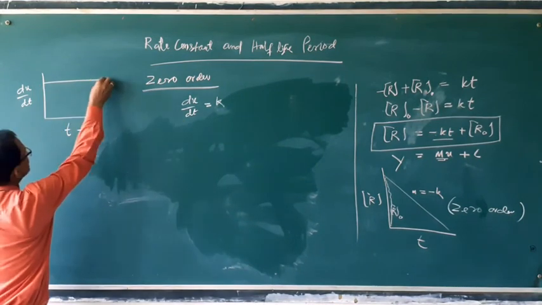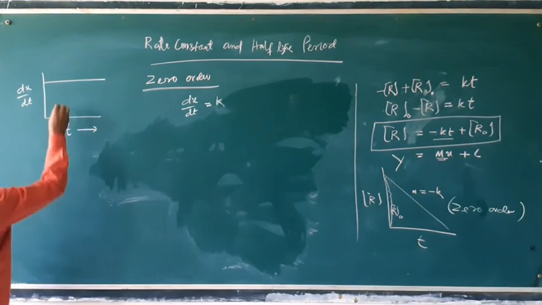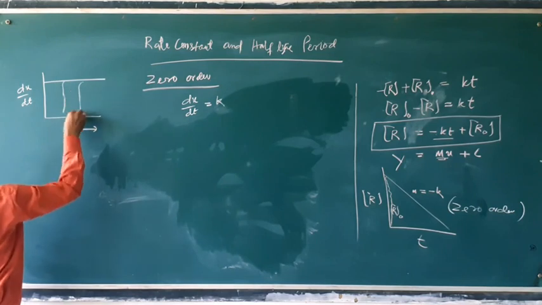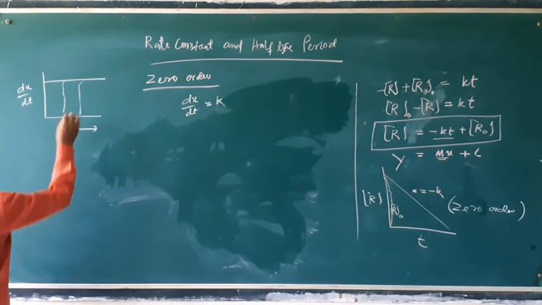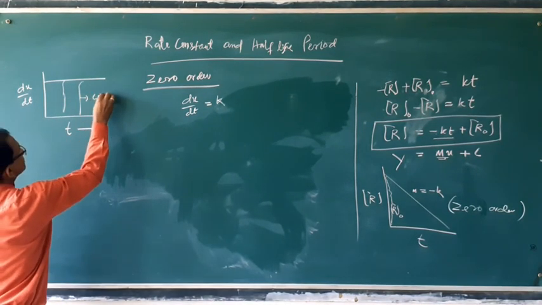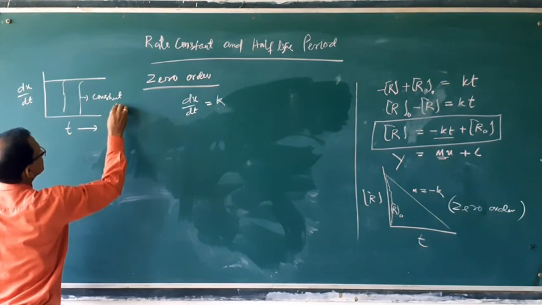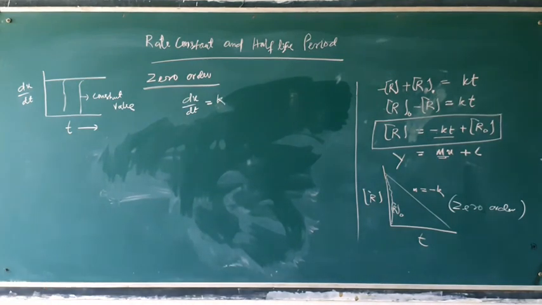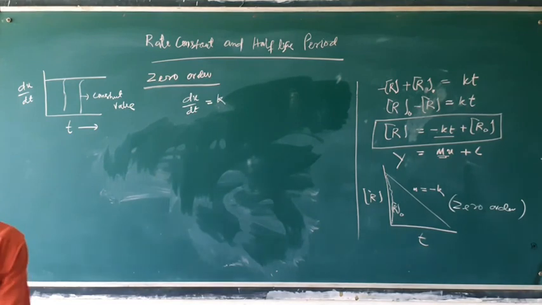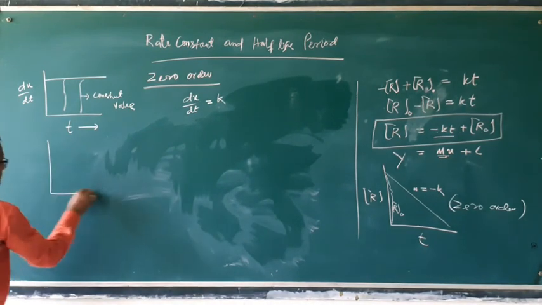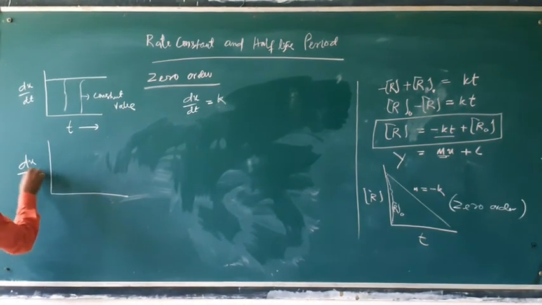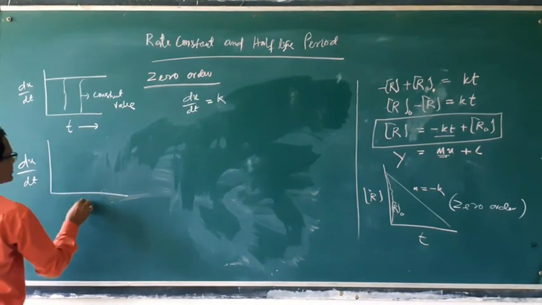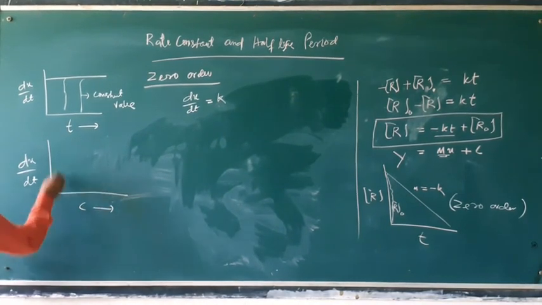So it will be a straight line. What does it mean? Constant value. It means rate does not depend upon the time. Rate does not depend upon the concentration also. If you draw dx by dt versus concentration, it is also constant.